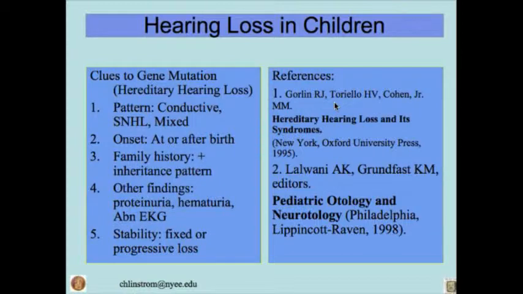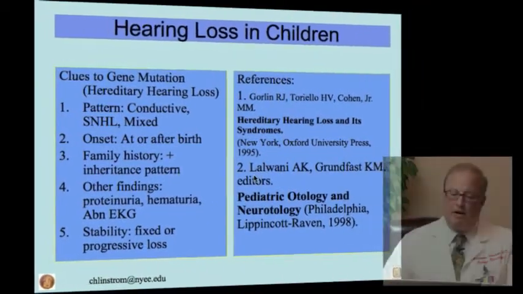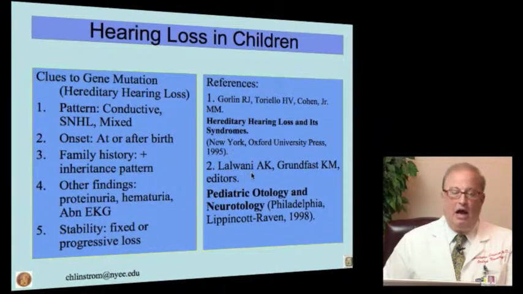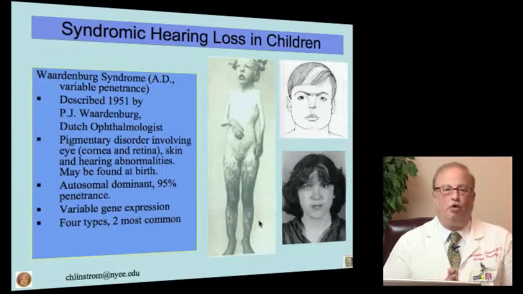He's a wonderful speaker and he writes very cogently. And the second one is by 2 colleagues of mine, Anil Lalwani and Ken Grunfast. Anil is at Columbia now. Ken is up in Boston, Boston University, and their book, Pediatric Otology and Neurotology, again, very readable, a very good reference to have. Let's visit Waardenburg syndrome.